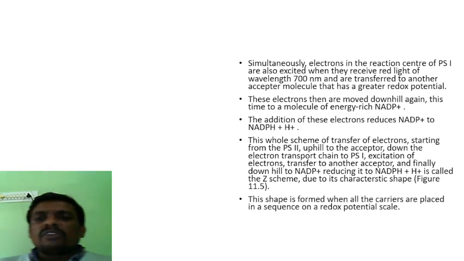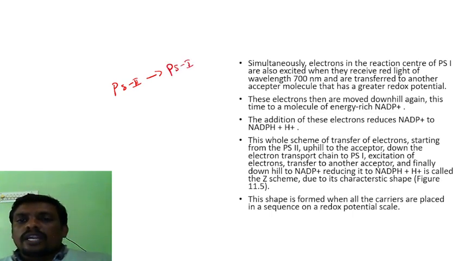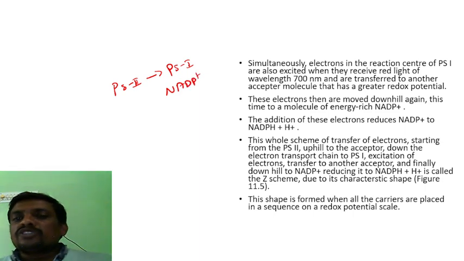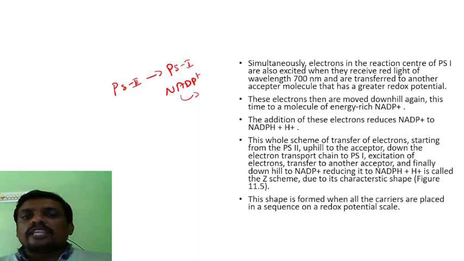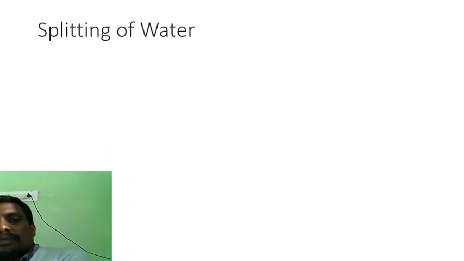The whole scheme of electron transfer, starting from PS2 to the uphill electron acceptors, then the downhill electron transport chain in PS1, and excitation of electrons transferred to another acceptor, finally downhill to NADP plus for the reduction of NADP plus into NADPH, is called the Z scheme. What is that called? Z scheme.